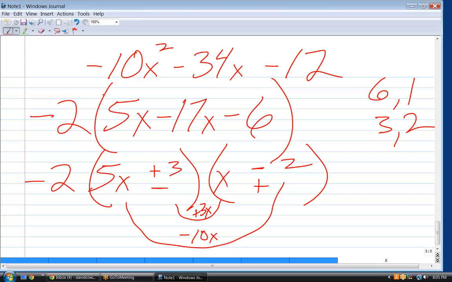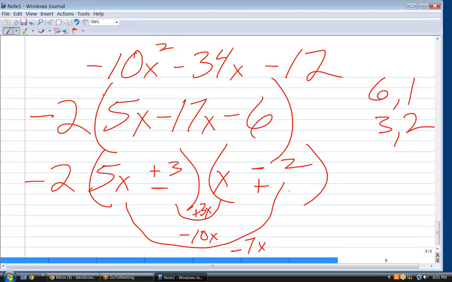Since 7 is not the same number as 17, let's say that it came up to be positive 17x. Well, then the only thing I have to do is move that 3 down to there and this 2 down to there. And it would give me a negative 17x. So the fact that this does not even produce the correct number, in other words, it's not 17, means that there's no way 3 down here and 2 over here is going to work.